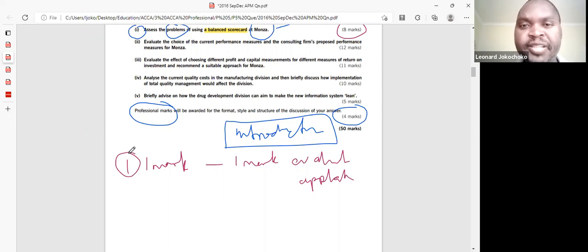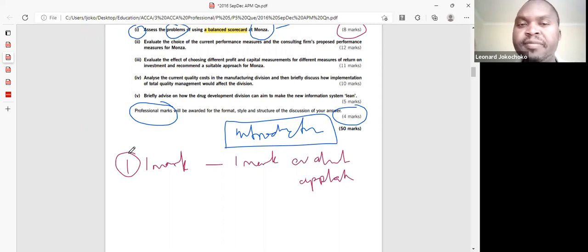There are several performance measures you can use, and one favored approach is using the balanced scorecard. The balanced scorecard works on 4 perspectives. I'll list those perspectives: financial, customer, innovation and learning, and business process. That's my introduction paragraph. I expect to get a mark, at least for professional presentation of my work.